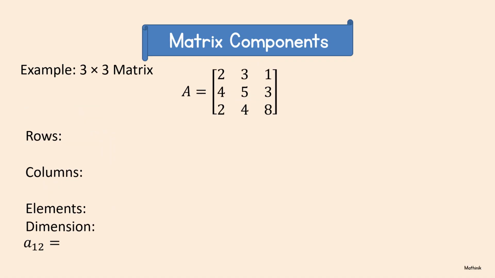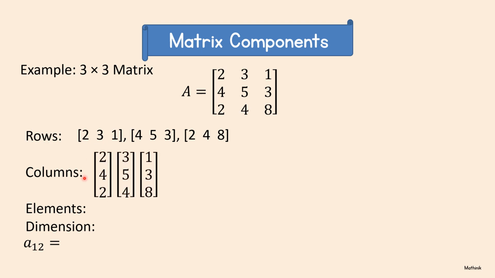Another example, this is a 3 by 3 matrix. The number of rows is 3. So we have 2, 3, 1, 4, 5, 3, and 2, 4, 8. This is row 1, row 2, and row 3. The number of columns is also 3. The first column is 2, 4, 2. The second column is 3, 5, 4.